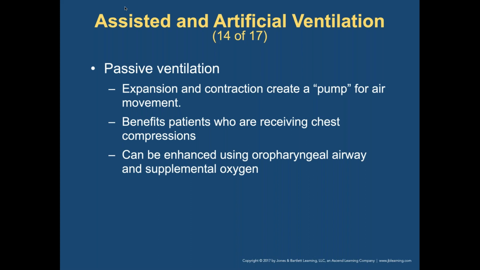So while you're pumping on the chest and somebody with the BVM is sitting there waiting on you to reach 30 for them to take 2 breaths, they can hook up a nasal cannula and put it on your patient's nose so that passive ventilation from your 30 compressions is pulling in better oxygen. It helps them get more oxygenation during those 30 compressions when they're otherwise not getting a breath from the BVM.